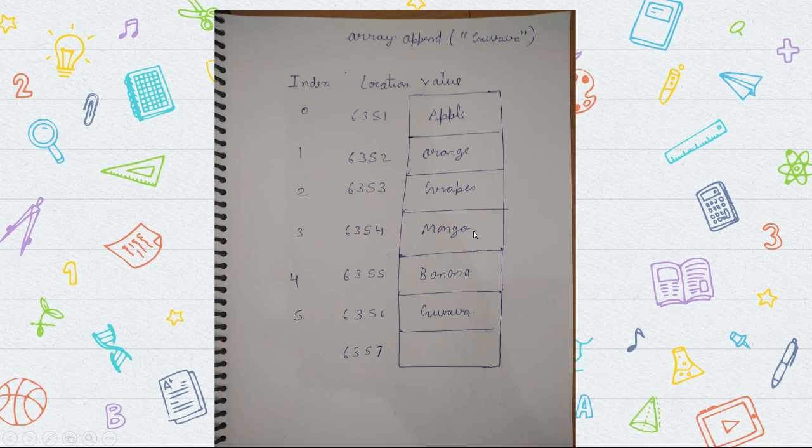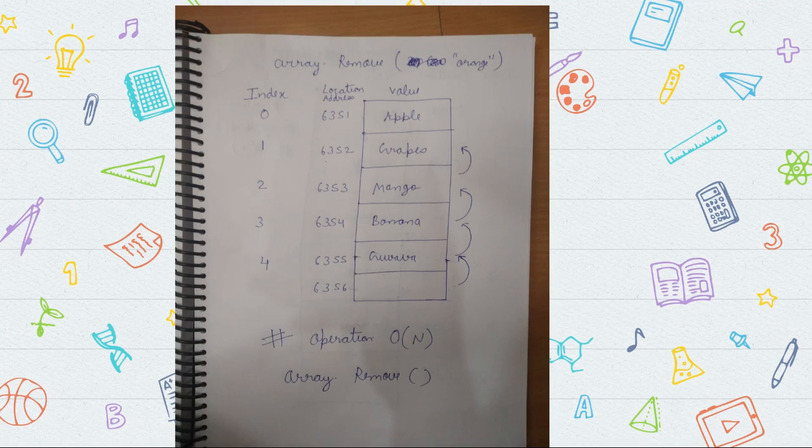So now I am showing the final result. You can see that the grapes have come to 6352, mango has come to 6353, banana has come to 6354, and guava has come to 6355. So basically we have to traverse through the elements of this array. And in the append method you saw that we do not have to traverse any element of the array.